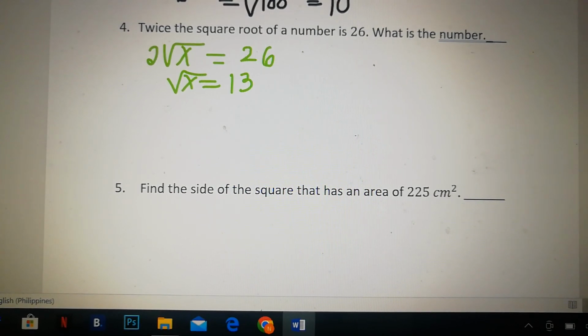To remove the radical symbol, you square both sides of the equation since the index is 2. Squaring square root of x, the result is the radicand x, equal to 13 times 13. 3 times 3 is 9, 1 times 3 is 3, plus 3 equal to 6, 1 times 1, 1, so 169.